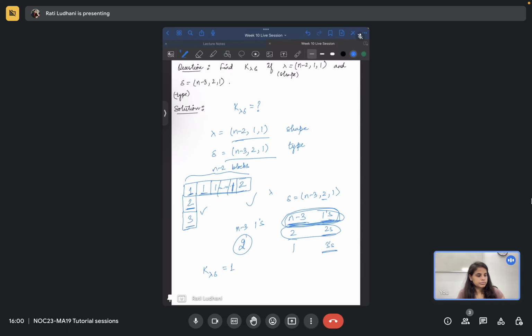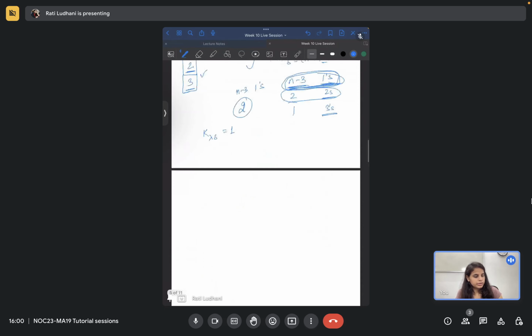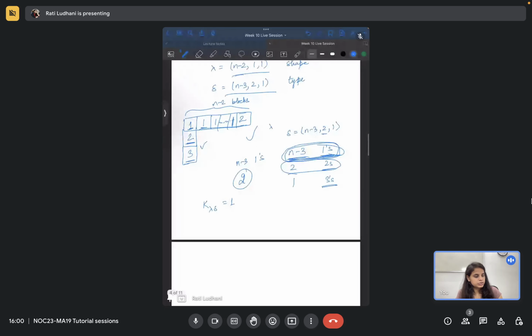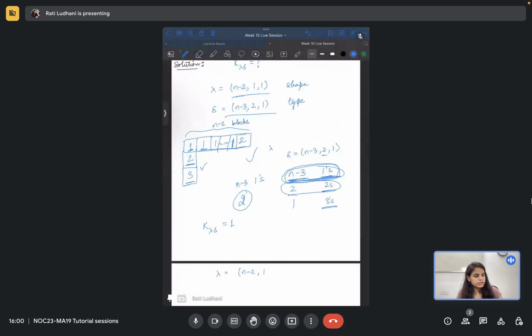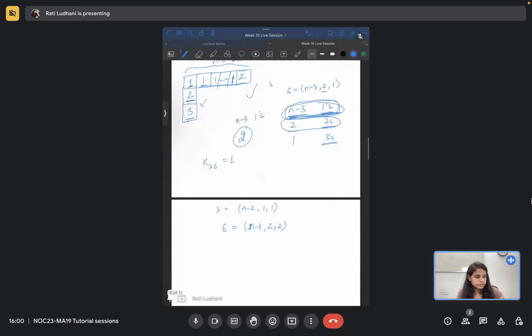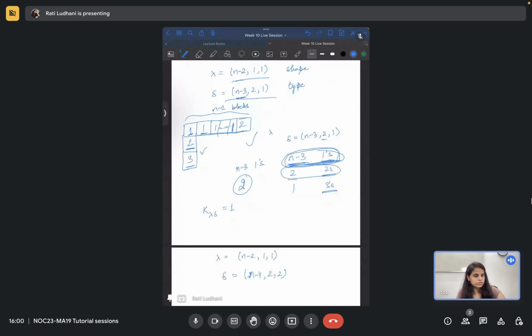And for example, if I just say lambda is equal to (n minus 2, 1, 1) and delta is (n minus 4, 2, 2), now how many will you have? Certainly you consider n bigger than 4, or even 0 is also fine, but that's okay.